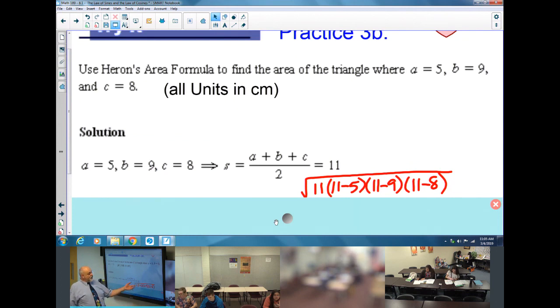Now you can simplify and then put it in the calculator, or you could just put it in the calculator just like that. Okay? But let's have you put that in your calculator if you haven't already, just to make sure that we're okay with that. All those parentheses, sometimes it can be a little crazy.